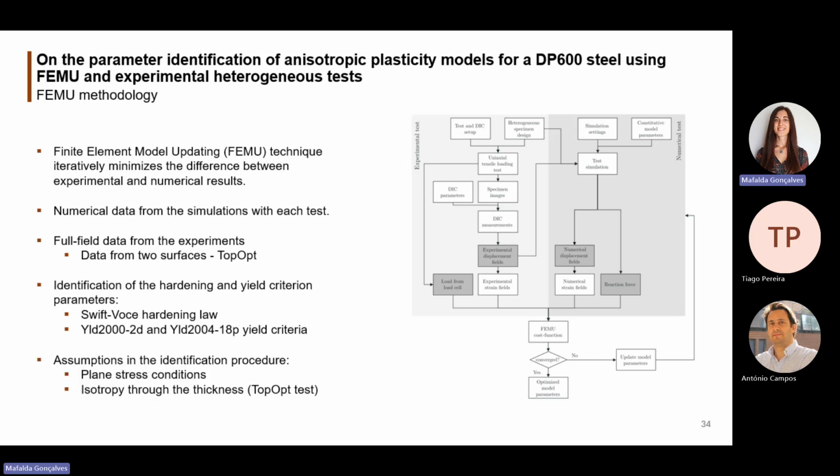Some assumptions were made in the identification procedure. Plane stress conditions were assumed for the computation of the strains in the identification code, and isotropy was assumed for the thickness in the top-up test.